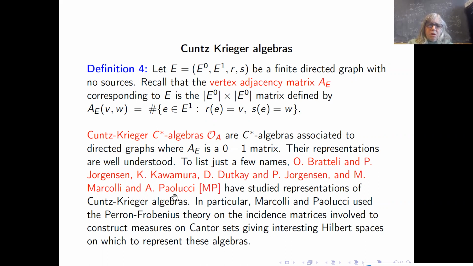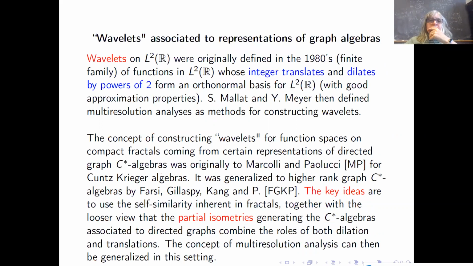We want to concentrate on the work of Marcolli and Paolucci from 2011, because they used a Perron-Frobenius theory on the incidence matrix to construct measures on Cantor sets that gave interesting L2 spaces where they could have representations of the Cuntz-Krieger algebra with interesting properties. So we're going to review those.